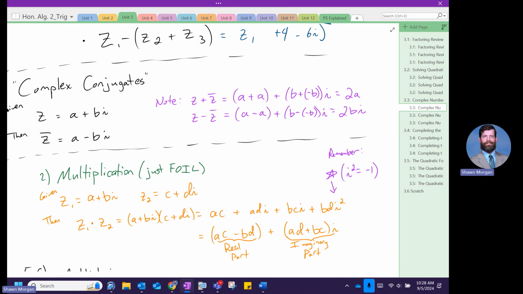But that L has an i squared in it. And what did we say i squared is? Same thing as -1. So what that does is that turns the first, that's your F, and the L, that's your last. The first and the last, the F and the L, come together to make the real part. Okay? This is where I wanted my whiteboard on here. The O and the I, they come together to make the imaginary part.